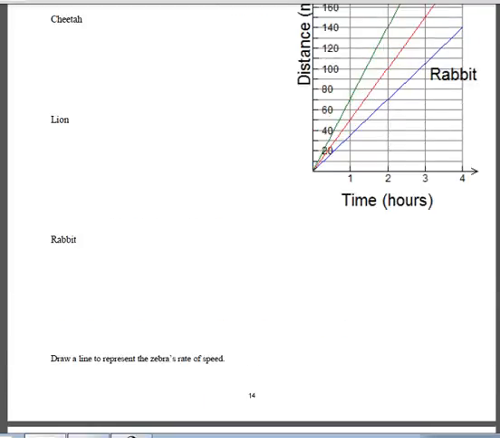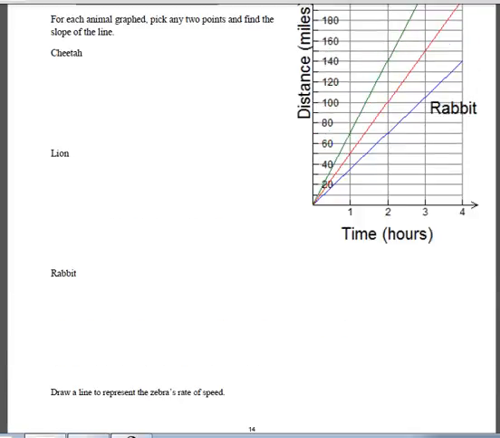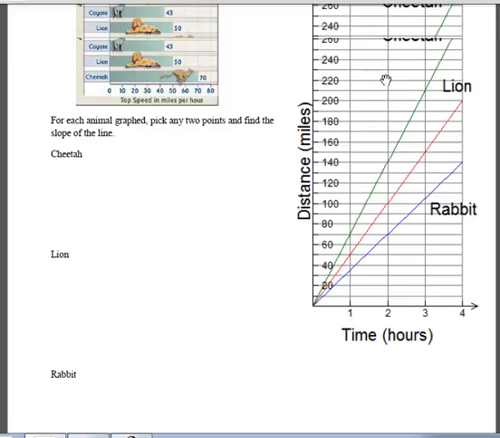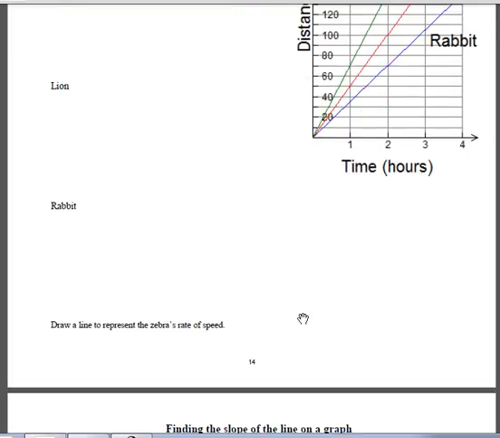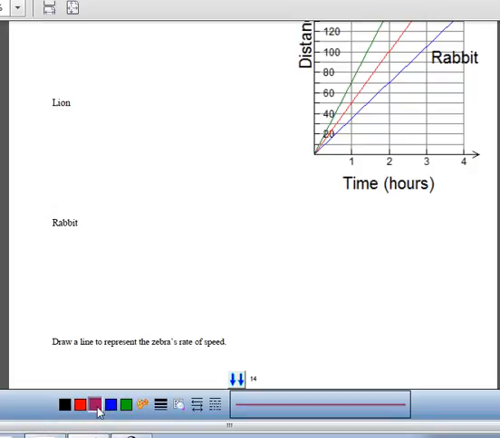One more thing, draw a line to represent the zebra's rate of speed. So the zebra, if you look at the table, is 40 miles per hour. So what I did for this is I found a different color. Again, at 0, it's 0. Then I put a point here, 1 and 40, 2 and 80, 3 and 120.